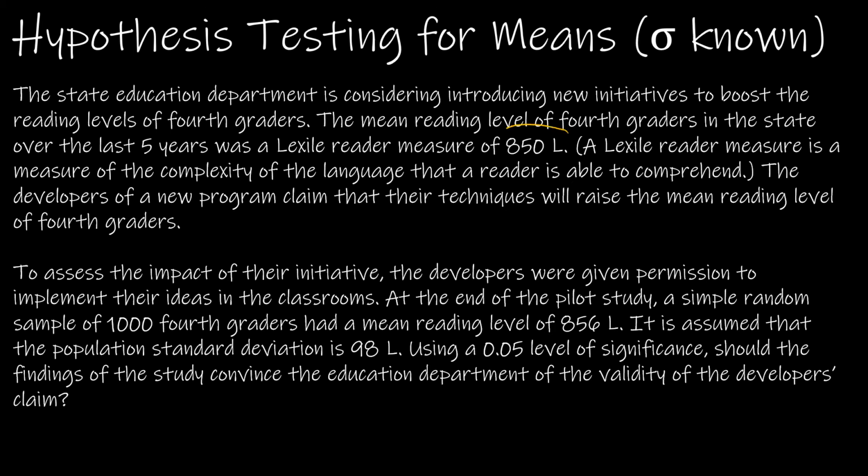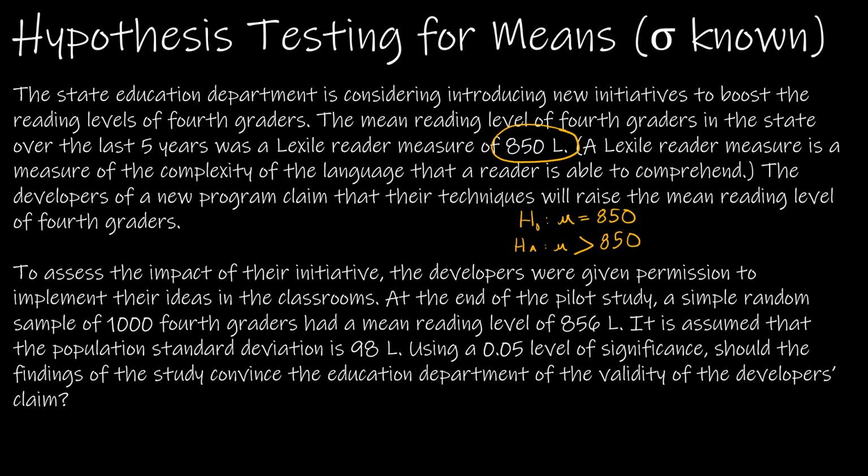So remember that whenever it gives us a value that says, hey, here's what it has been, here's the status quo, we know that that's going to end up being our null hypothesis. And then the developers of a new program claim that their techniques will raise the mean reading level of fourth graders. So again, it's claiming that the Lexile reader measure will increase, so greater than 850.